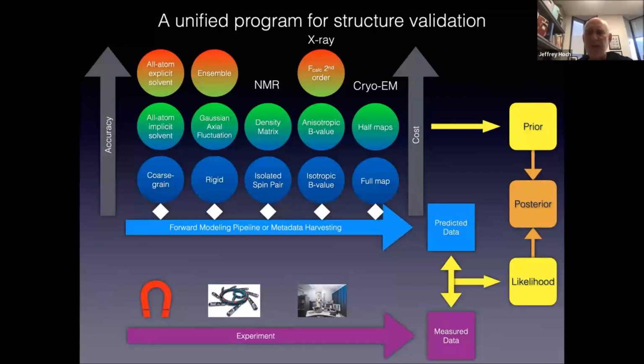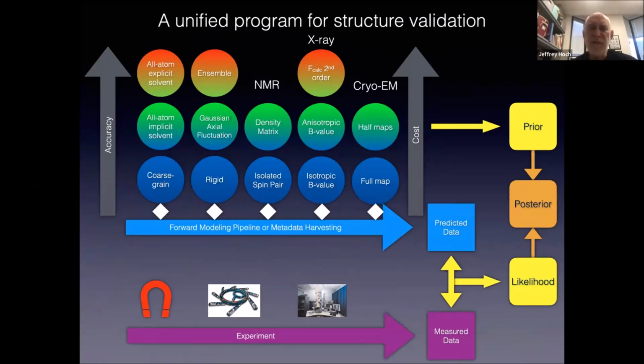Okay, in the interest of time, I'm just going to jump ahead and skip a couple of slides, but leave you with this proposal for a workflow for structure validation of machine learning predicted structures. It would start with taking a model and doing the forward modeling to predict experimental observables.